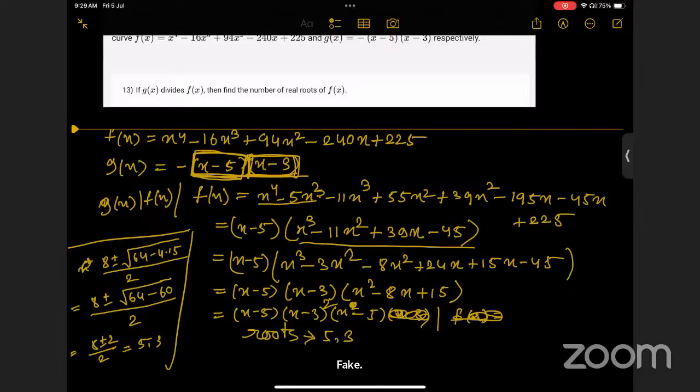So the number of real roots is 4, right?